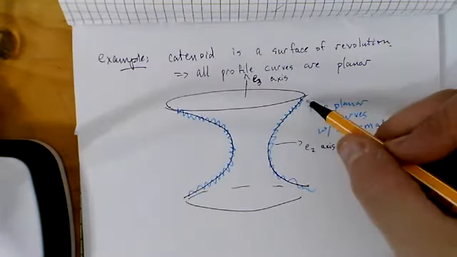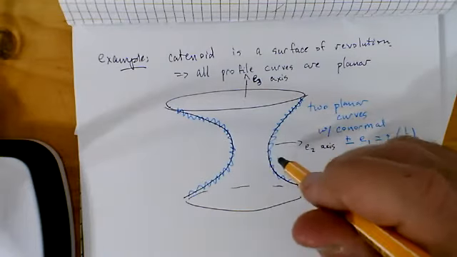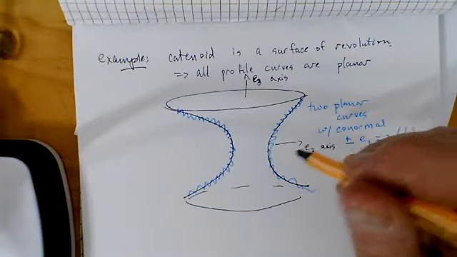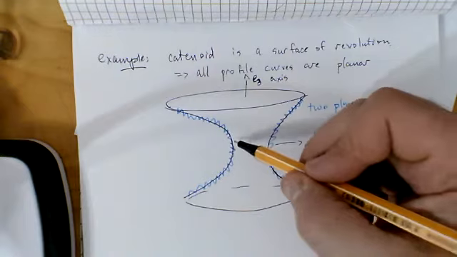Right. So the conormal of these curves points down into the page. It's going to be minus E1. And the conormal for this one here is going to be plus E1.